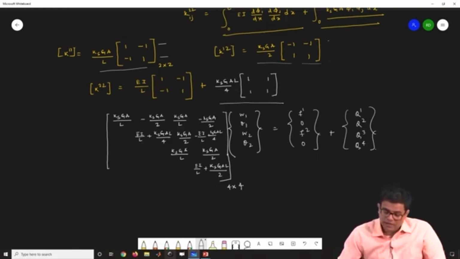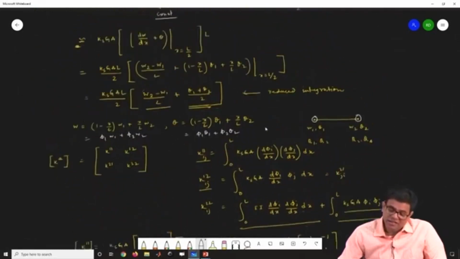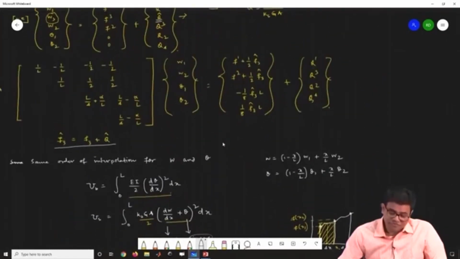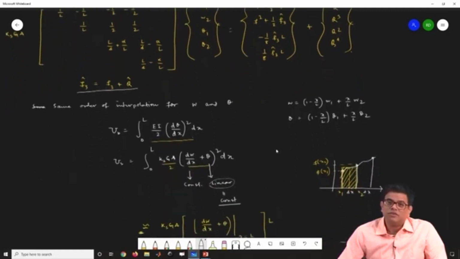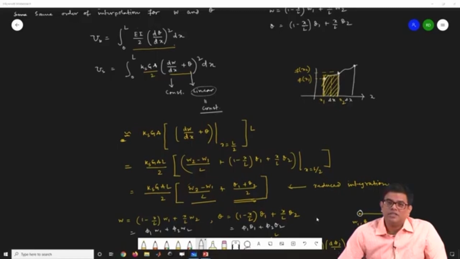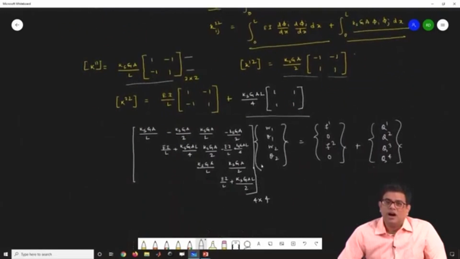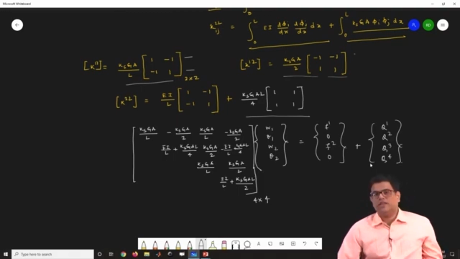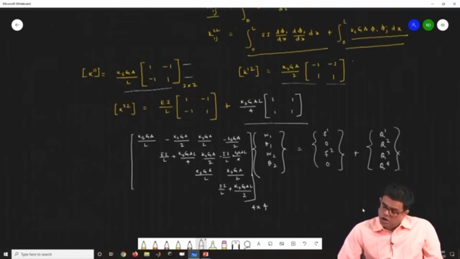Now if you compare these two, you will see that the stiffness matrix for this consistent interpolation and the stiffness matrix for this reduced integration are very much similar. The only difference is essentially the force vector. So for instance, if you use a constant force vector, then it is evaluated very easily, as we have seen earlier.